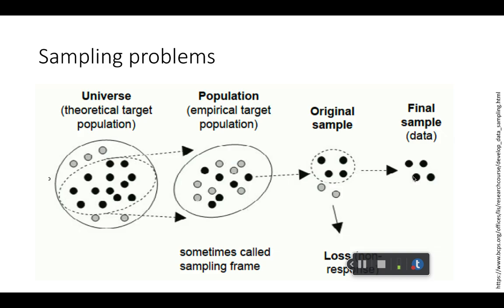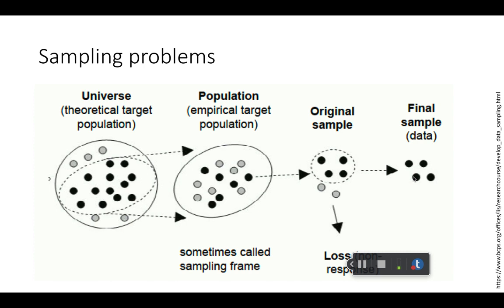Let me show you a picture of this now. So here are the kinds of sampling problems we can encounter in probability samples. We start with a target population, but again, if our sampling frame is not complete, we could systematically omit some kinds of people.